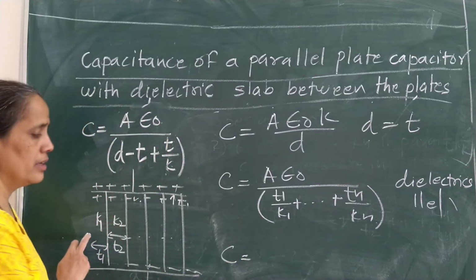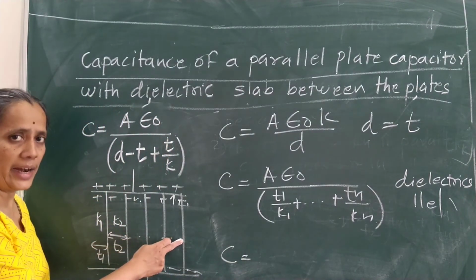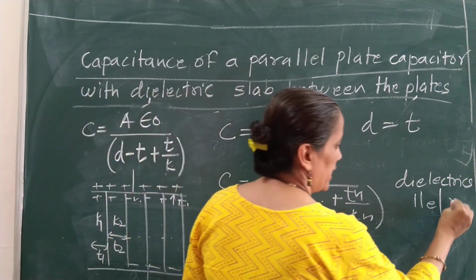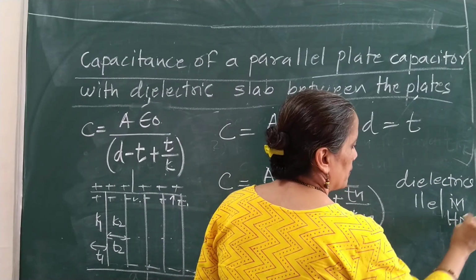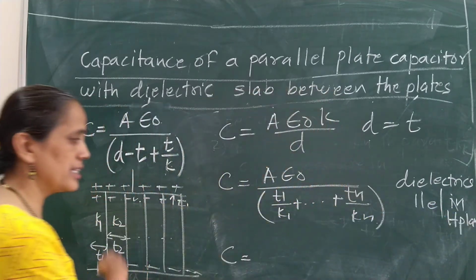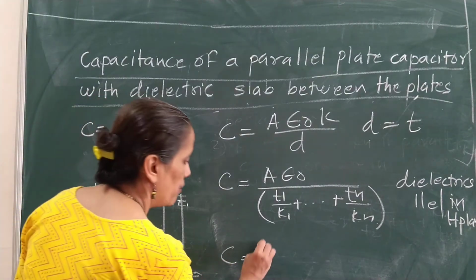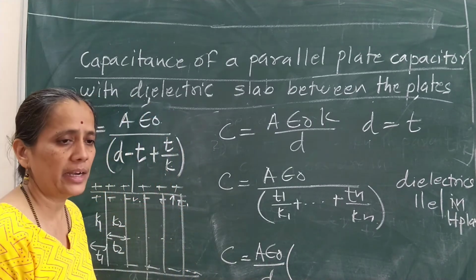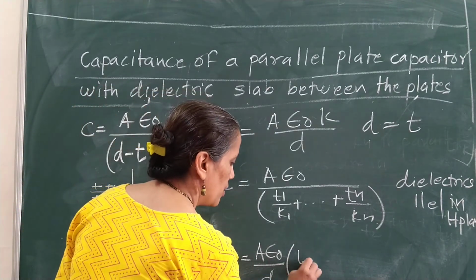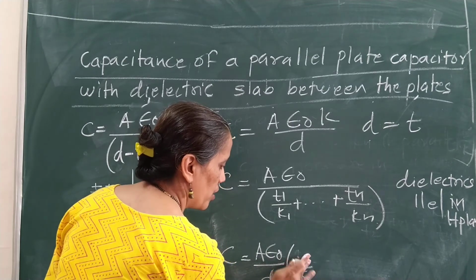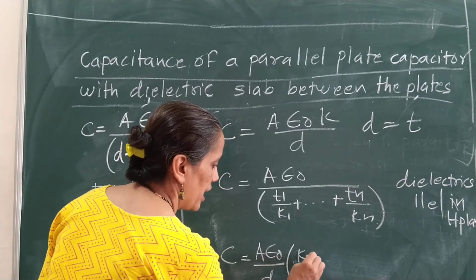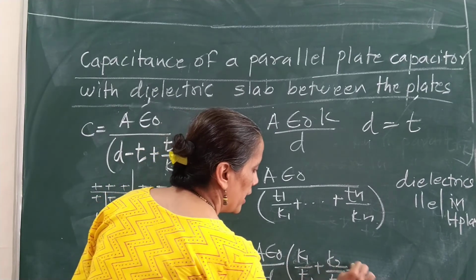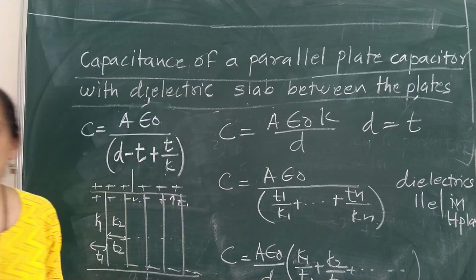And last one, these dielectrics are arranged in parallel but in the vertical plane. Initially you were arranging dielectric plates in the horizontal plane, and now I am going to arrange your dielectrics in the vertical plane. So your formula will become A epsilon naught upon D inside the bracket, K1 upon T1 plus K2 upon T2, like that you will get your last factor.